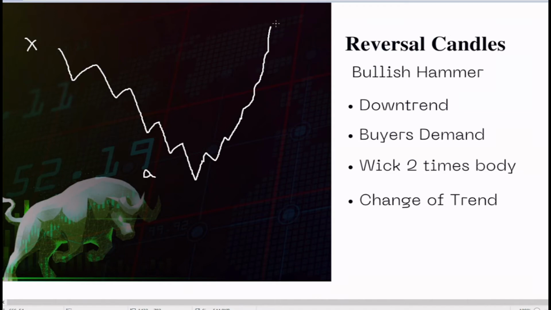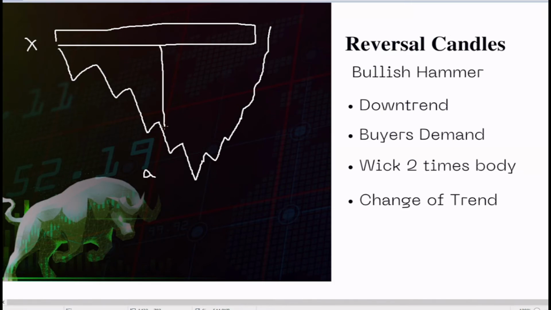Now if you see here, this forms our candle's body, right, which looks like this, and finally the low of the day and high of the day is originated by a wick, right? This somehow looks like this particular candle, right? This is the story behind a hammer when there is a huge amount of buying pressure coming into the market.